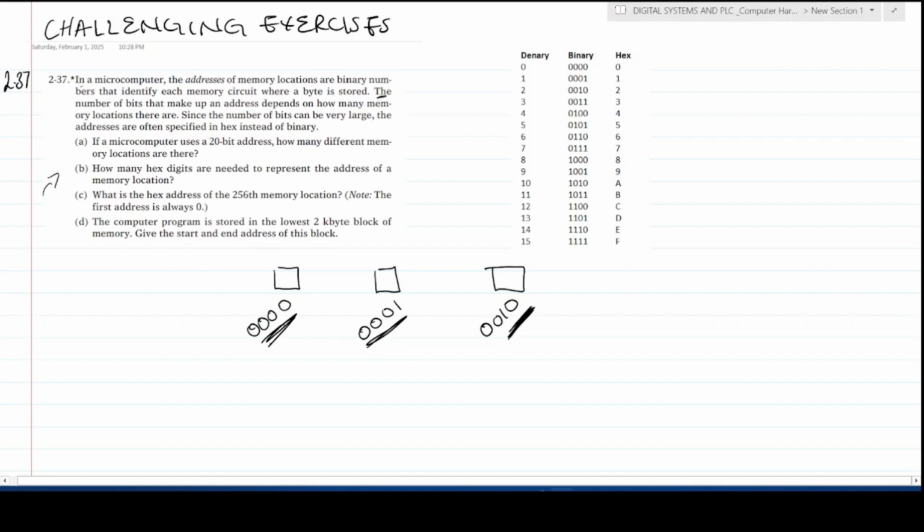Now the number of bits that make up an address depends on how many different memory locations there are. If you have 16 different memory locations to store, how many bits would you need? 2 raised to the power 4 is 16, so you're going to need 4 bits.